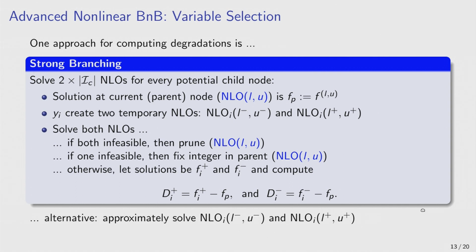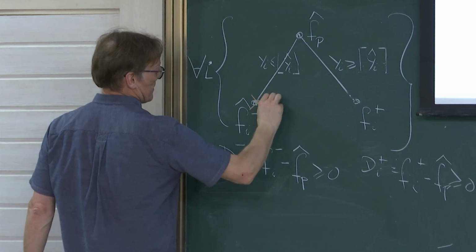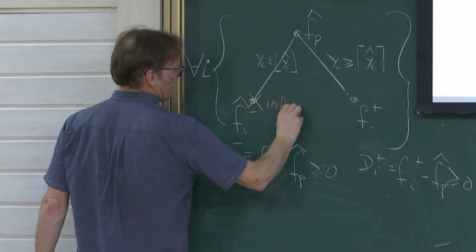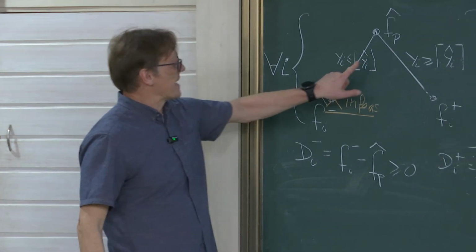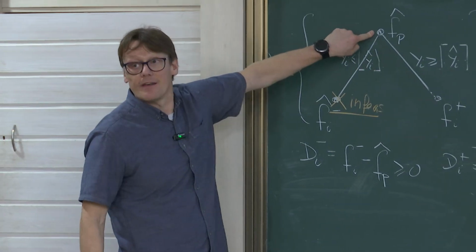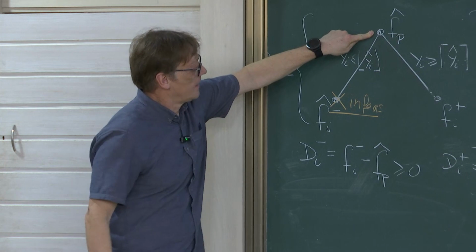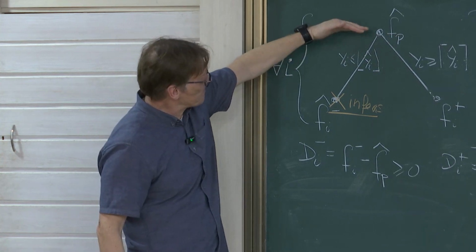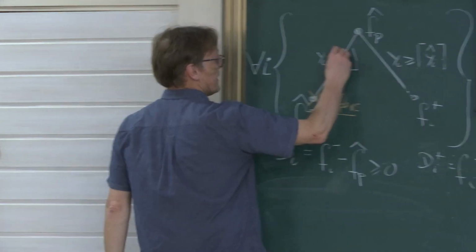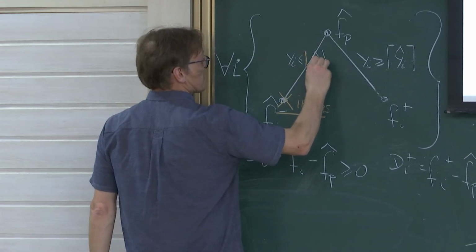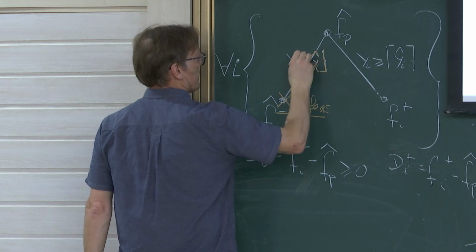Let's assume that this guy is infeasible. Then that tells us that for any solution here that's feasible, you cannot be feasible if yi is less than or equal to the floor of this. So this direction now is infeasible.